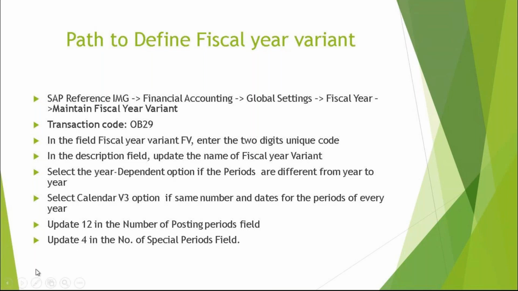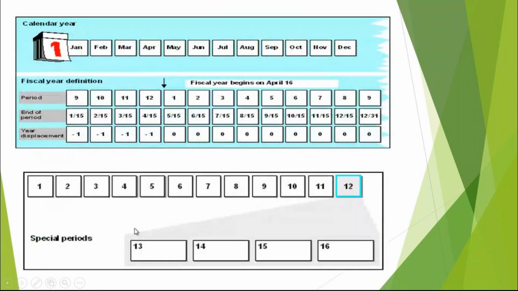So if I copy the V3 variant, from that V3 I will copy, then I'll change it for my company code. So how to copy the data, I'll show you. Update 12 in the number of posting periods, update 4 in the number of special periods. So this is the total 16 months of maximum posting and special periods we will be creating.